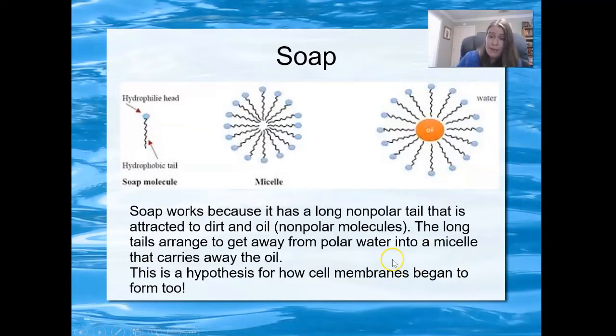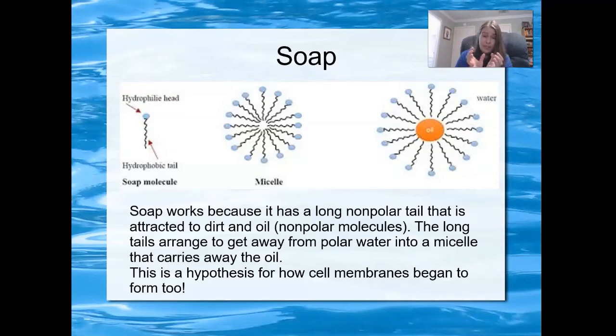Soap, on the other hand, is different. Soap works because it is a two-part molecule. It has a hydrophilic, water-liking head and a long hydrophobic tail. And that means that the long tails cannot interact with water the way that water interacts with itself or the way that nonpolar molecules will interact with themselves.